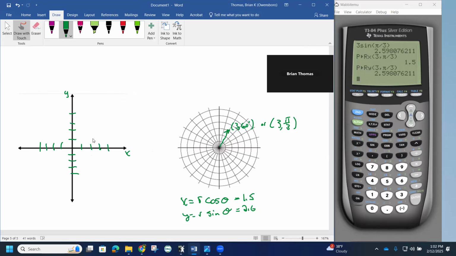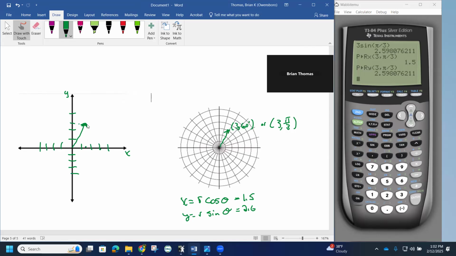So if I go 1.5, 1.5 is about here. 2.6 is going to be about in this area. So if I come across here, that'd be my location. So if I draw my vector in, it should look similar to what we have over here.